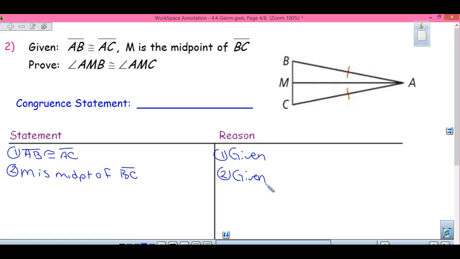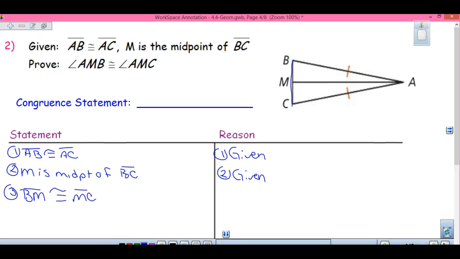If M is the midpoint, what does that split? No, we said that AB was congruent to AC. Guys, M is the midpoint of what line? BC. So that means it splits BC into two parts. What are my two parts of BC? So BM is congruent to MC. Okay, and I can label that in my picture.